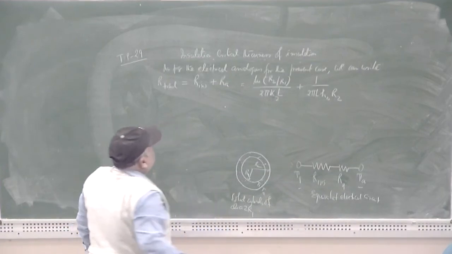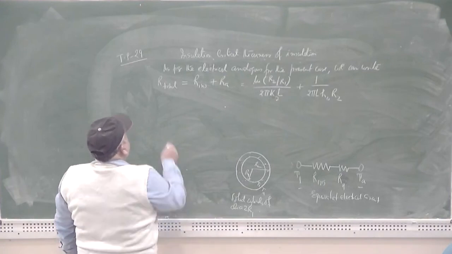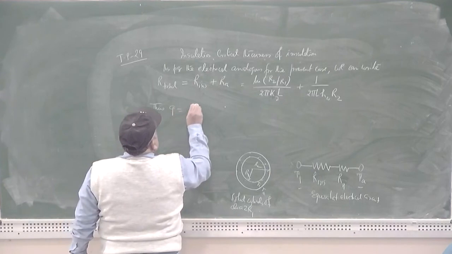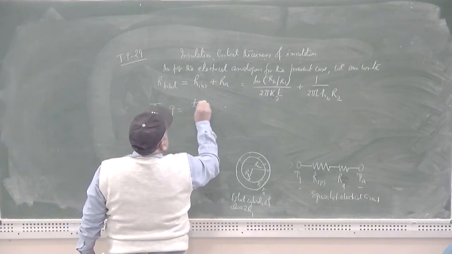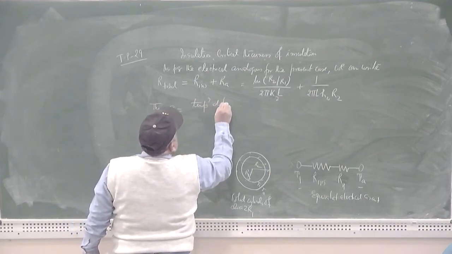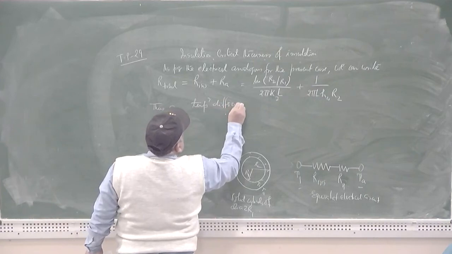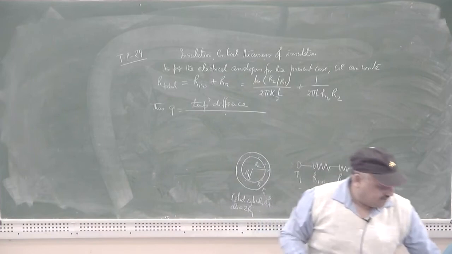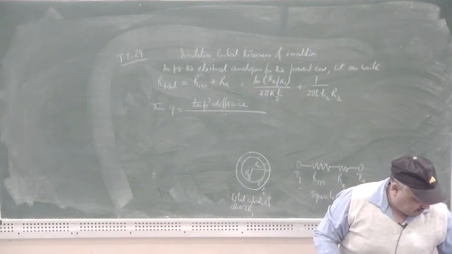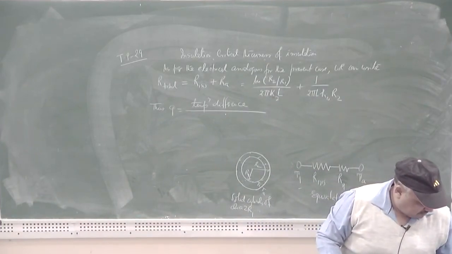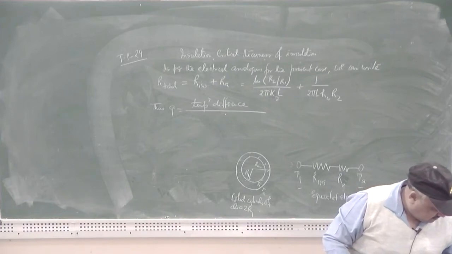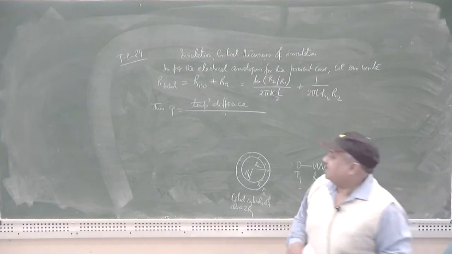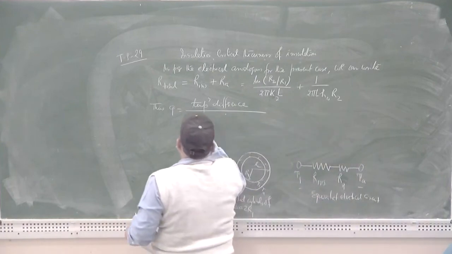Thus the heat flow rate Q will be equal to the temperature difference divided by the total resistance.